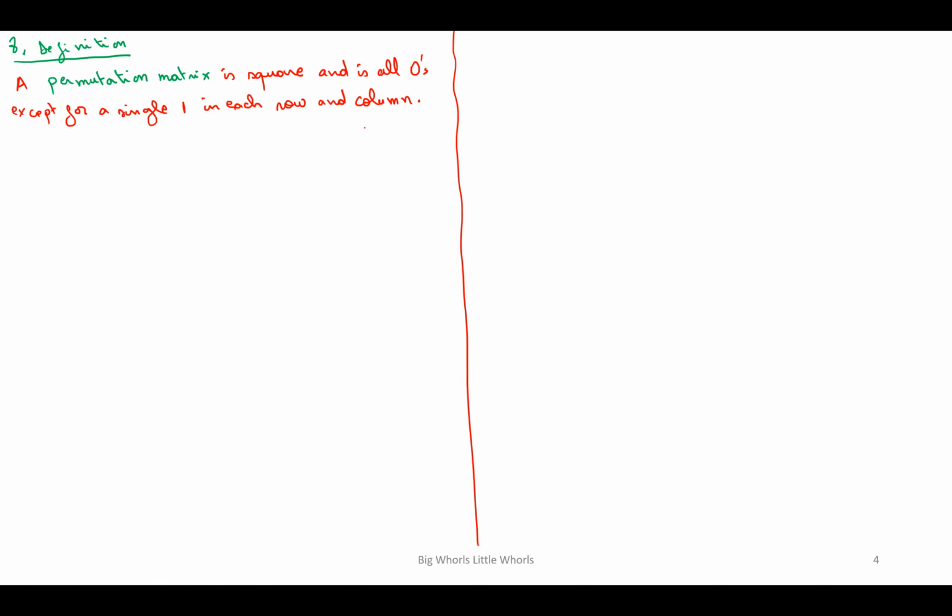So let's give an example, where I'm going to multiply from the left. We have 0 0 1, 0 1 0 and 1 0 0. This is a permutation matrix. We can decompose this matrix into simpler matrices, which are unit matrices.